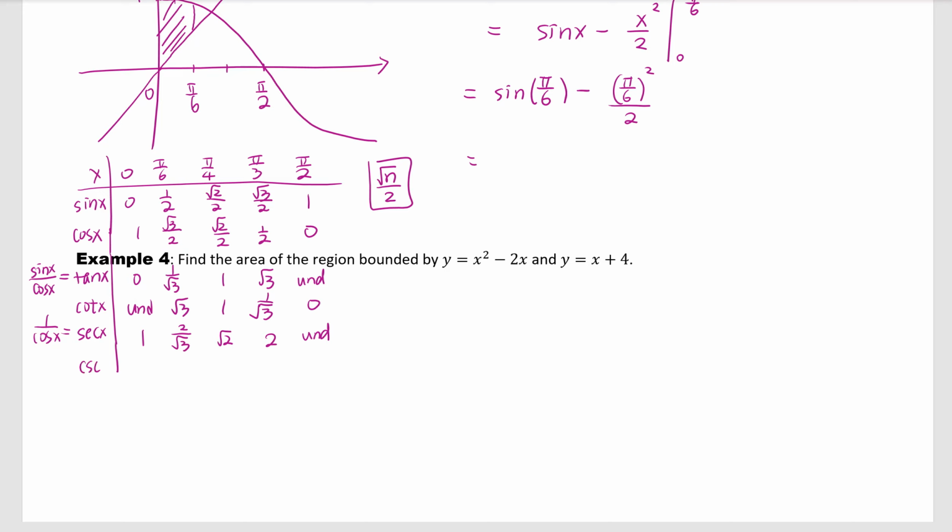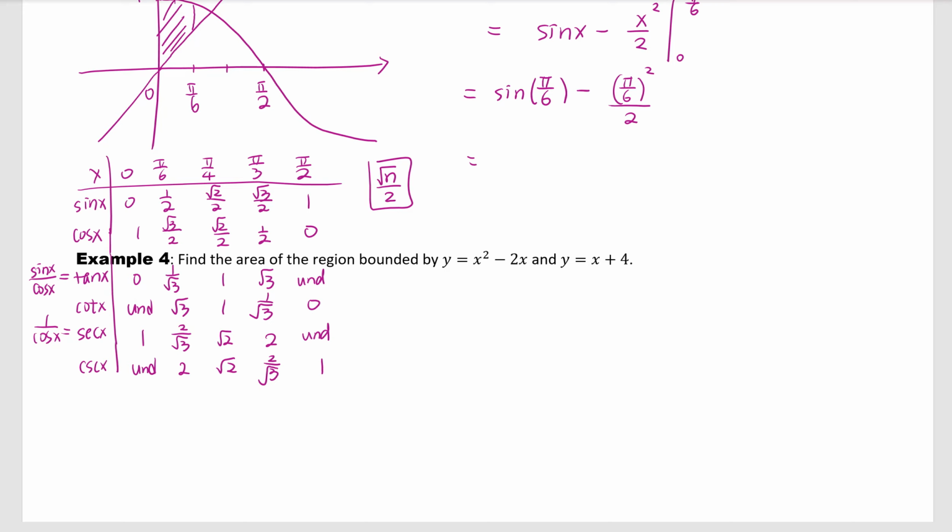How about cosecant? Same as secant, but in reverse order. Those are all the common values for the 6 trig functions of the common angles.